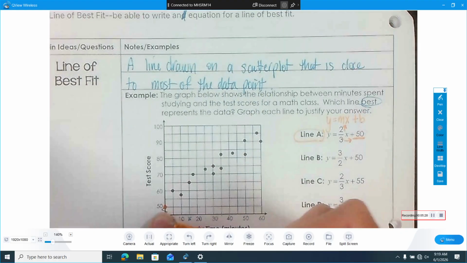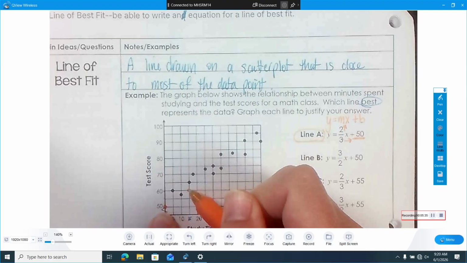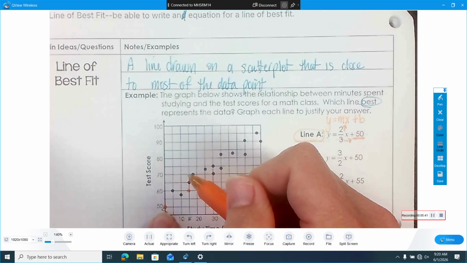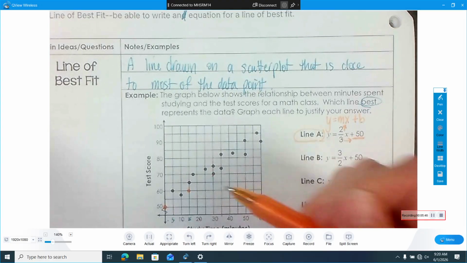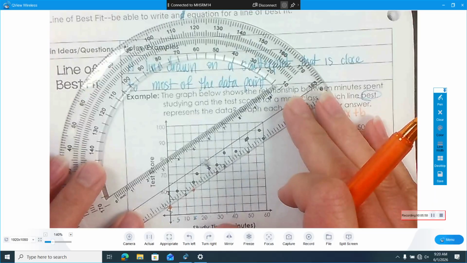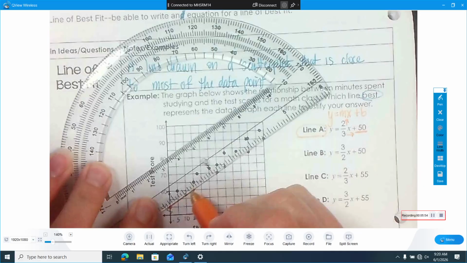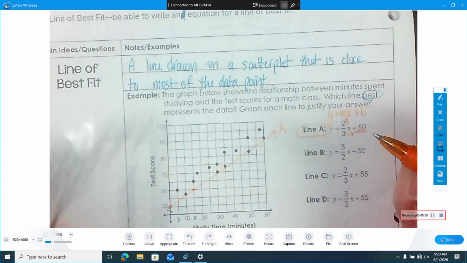From 50, I'm going to count up 2 boxes, over 3 boxes. And so once I've got that, I'm going to use my straight edge to connect those dots that I graphed. So this is line A right there.